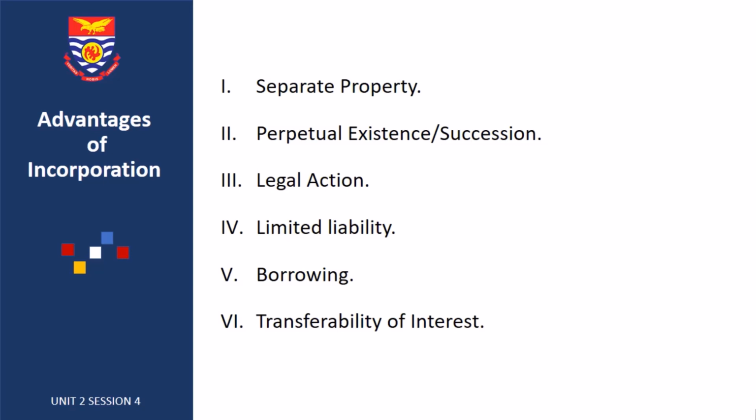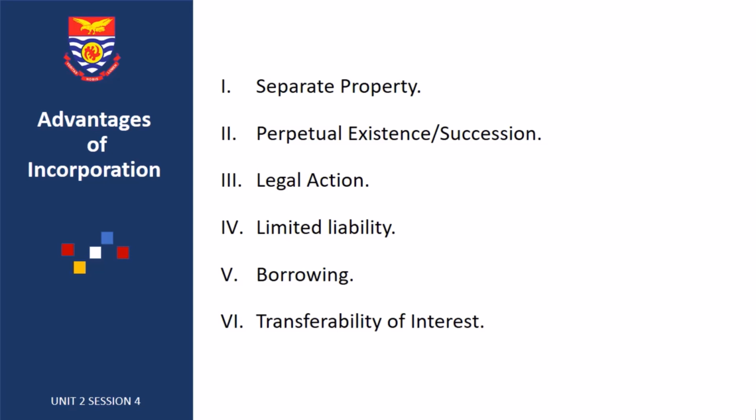So in case the company incurs losses and it cannot pay, the assets of the members or shareholders of an unlimited liability company can be sold to defray that debt as well.